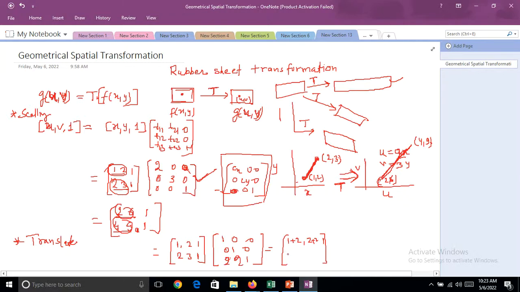Second, 2 plus 2, 3 plus 2, 1. So now see, x coordinate also you added 2, y coordinate also you added 2. So this became 3, 4, 4, 5.